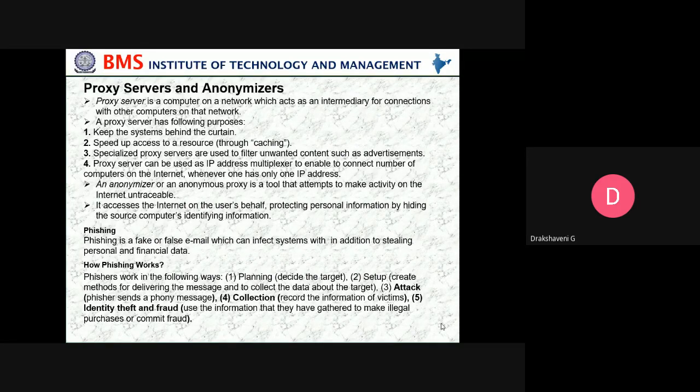One is planning: decide the target. Second, setup: create methods for delivering the message and to collect data about the target. Third, attack: the phisher sends phony messages. Collection: record the information of victims. Identity theft and fraud: use the information gathered to make illegal purchases or commit fraud.